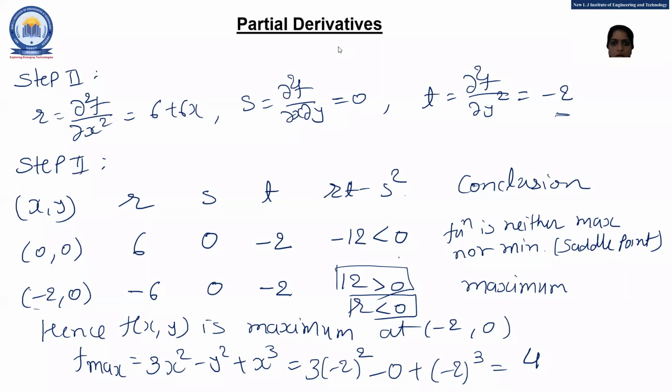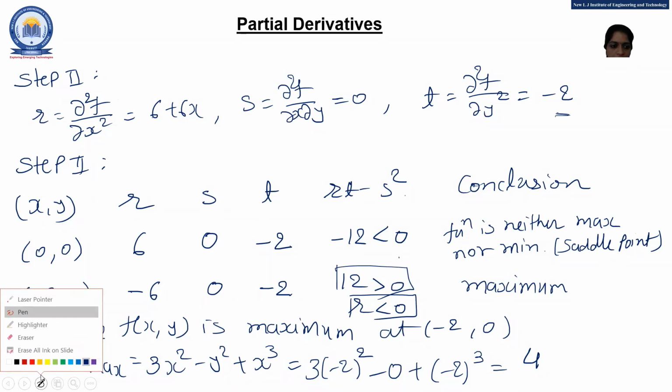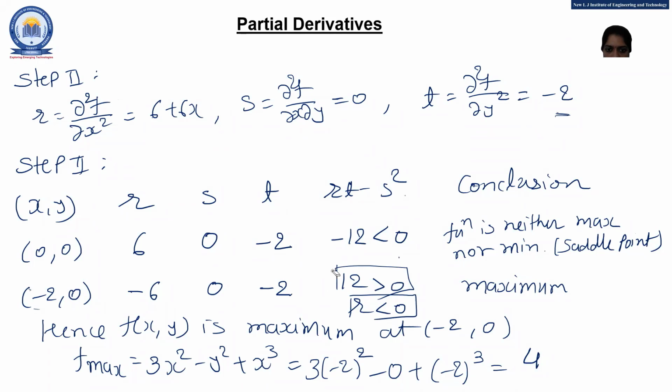One student, Yash Kushal, I am going to unmute you. Ask your query. Ma'am, at -2, 0, R is equal to -12. Just a minute. What? See, this value is RT minus S square, not simple R. That is minus 12, that's why I'm writing it here, because that is less than 0.